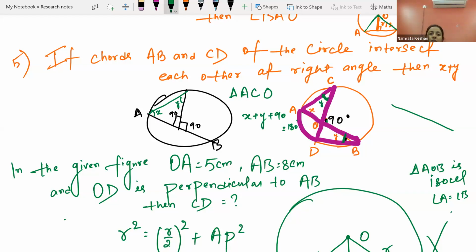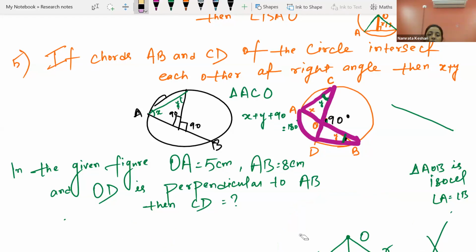Got it, everyone? Yes, ma'am. Okay, this is how we'll be doing it. Let me draw the figure for this one.